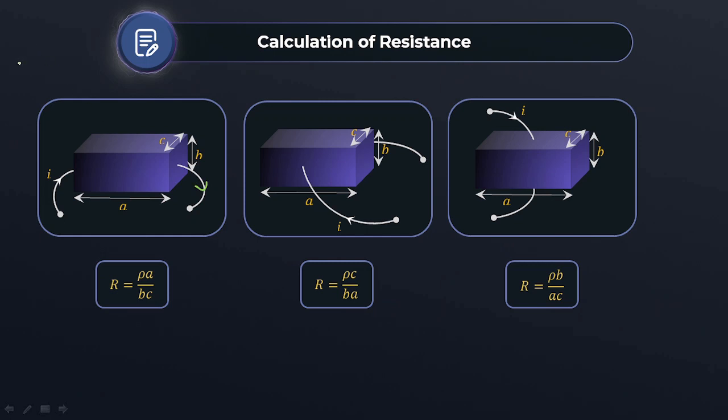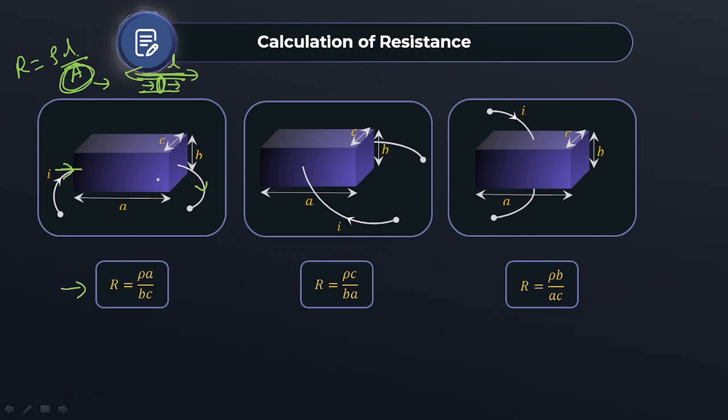So when I write R equals to rho L by A, here A is area of cross section. Which area of cross section? Suppose this was the wire, so area of cross section which is perpendicular to the direction of flow of current. And L is the length of the wire along the direction of flow of current, right? So by keeping that in mind, we can find the resistance for different cases.